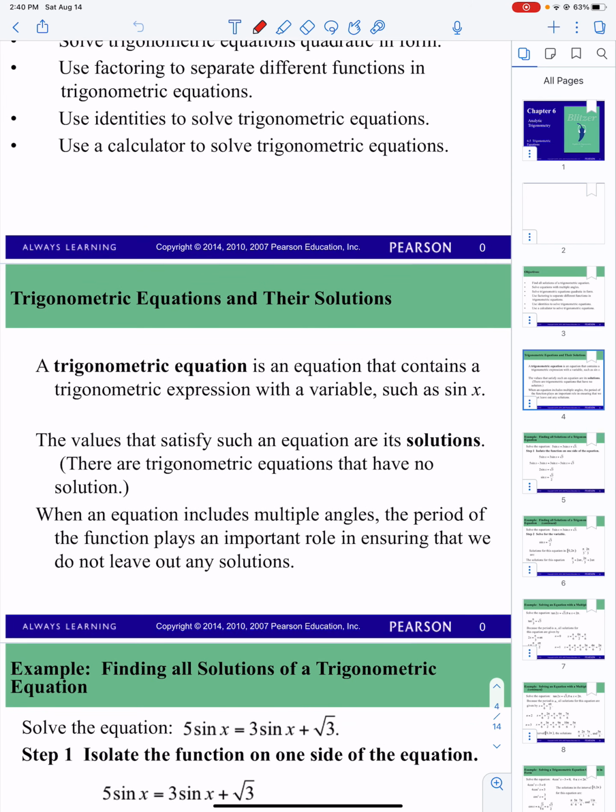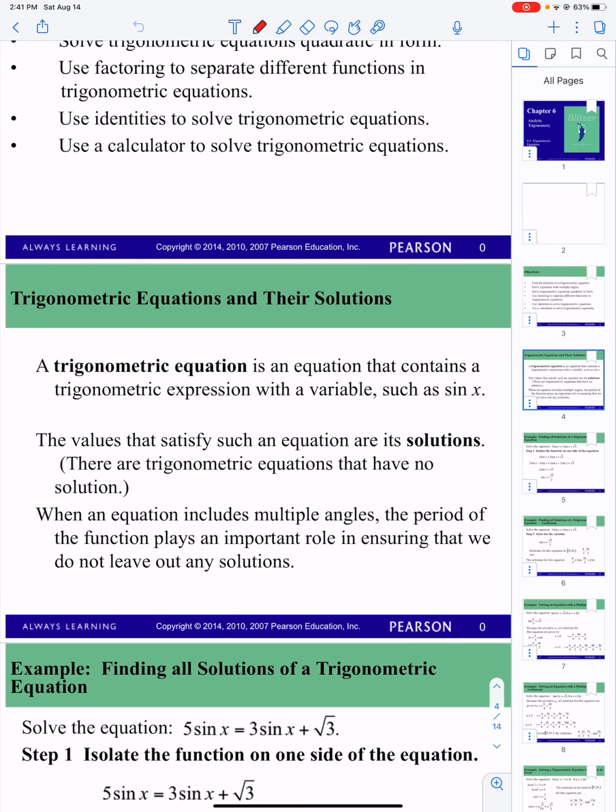A trigonometric equation is an equation that contains trigonometric expressions with a variable, such as sine x, sine y, or sine theta. The values that satisfy such an equation are called solutions. There are trigonometric equations that have no solution, but there are also trigonometric equations that have infinitely many solutions.